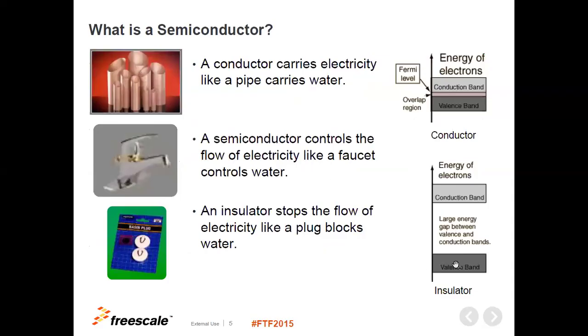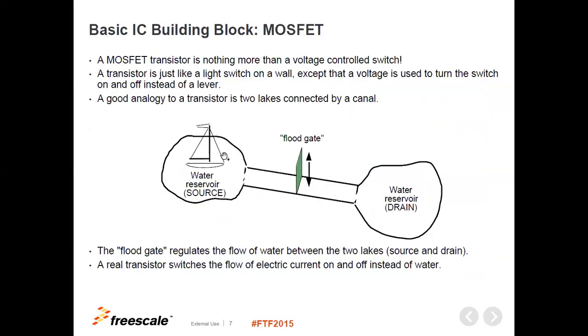The valence band means all the electrons that are linked to the atom, okay? The conduction band means all the electrons that are free to move, okay? So if we give energy to the electrons in the valence band, more of them can go into the conduction band. And basically we can increase the conductivity of the material, okay?